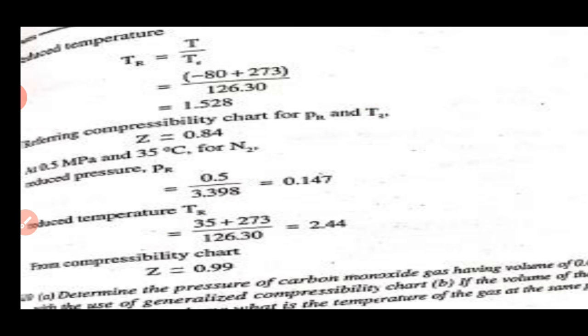Now for the next condition, 0.5 megapascal and 35 degrees centigrade. So again for 35 degrees you have to add 273 to convert it into Kelvin. So reduced pressure is 0.5 megapascal divided by 3.398 megapascal. You get 0.147.